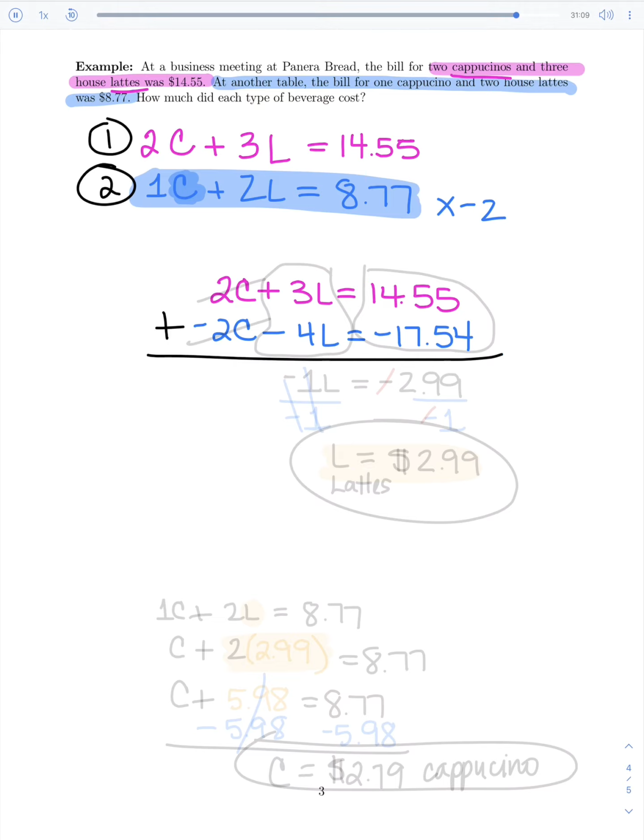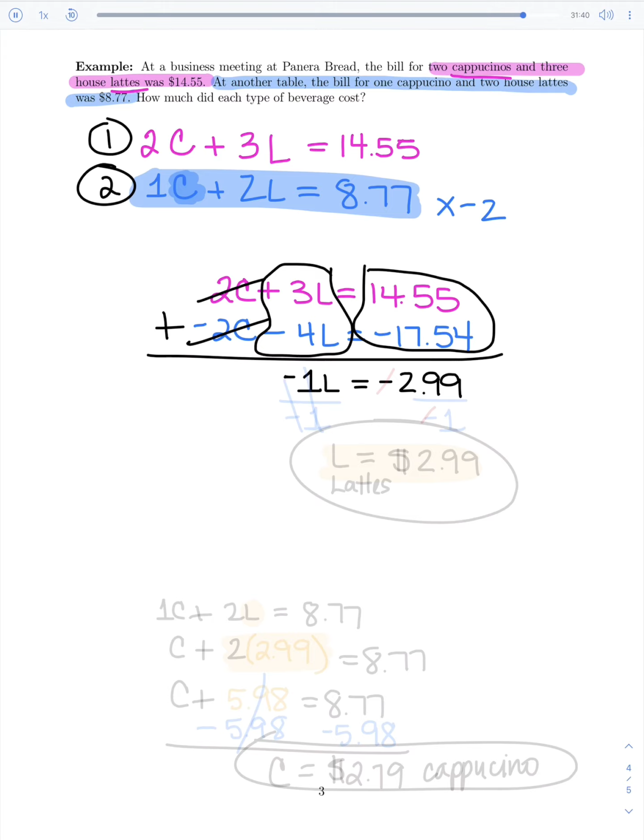Notice my C's eliminate because one's positive and one's negative. Then I have my positive 3L and my -4L, which will give me -1L. On my other side, I have 1455 and -1754, and that gives me -299.